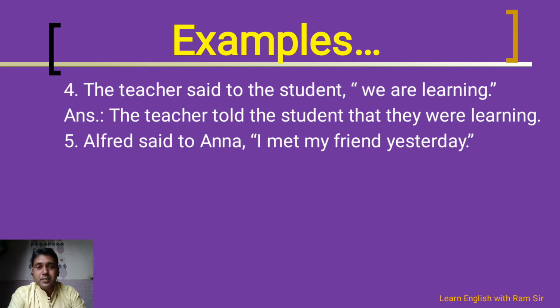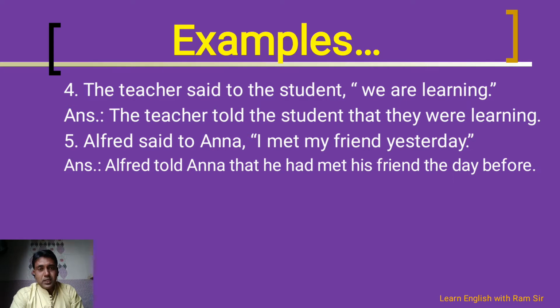The sentence is in simple past, right? And that sentence will be converted into past perfect. Don't forget to convert the words like yesterday, and don't forget to change the pronouns. Here his is used because his indicates Alfred. Alfred is a male person, and due to that we have to use he. Okay, so the answer will be Alfred told Anna that he had met his friend the day before.